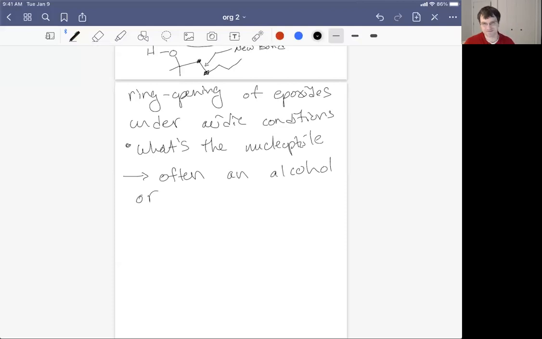Or I don't think it really works, but you probably could have a halogen atom. Okay, let's look at some examples. So if we have an alcohol, this is what the reaction is going to look like. We'll predict the products here in a second.